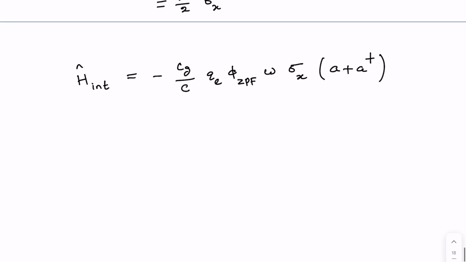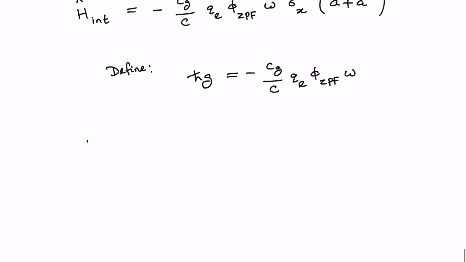And if I define hbar g equal to minus Cg by C, e, zero-point fluctuation of the magnetic flux, into omega, then I can write this interaction Hamiltonian in a very convenient form as hbar g sigma x (A plus A dagger). g is the coupling parameter, as you can see. g is called the coupling parameter.